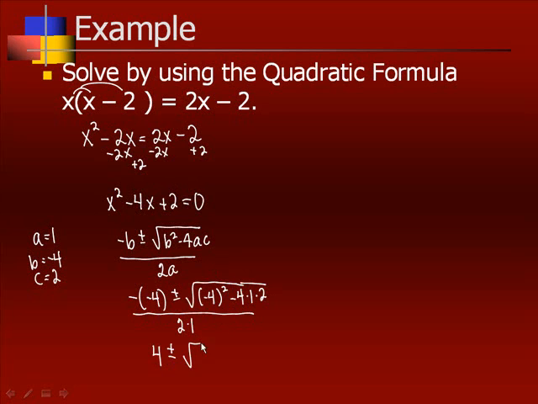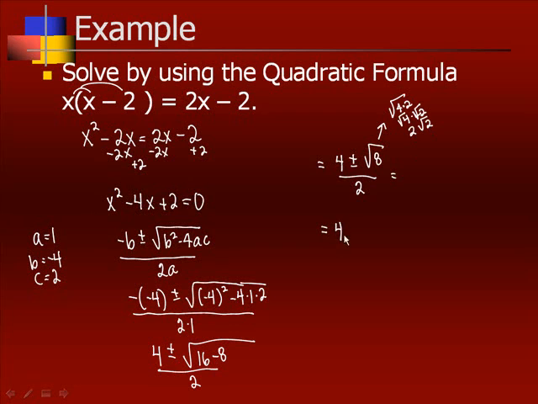So that would be 4 plus or minus the square root of 16 minus 8 over 2, which is 4 plus or minus the square root of 8 over 2, which now if we went through and simplified 8, we could rewrite the 8 as 4 times 2, which would separate as the square root of 4 times the square root of 2, which would give us 2 times the square root of 2. So we get 4 plus or minus 2 square root of 2 over 2.